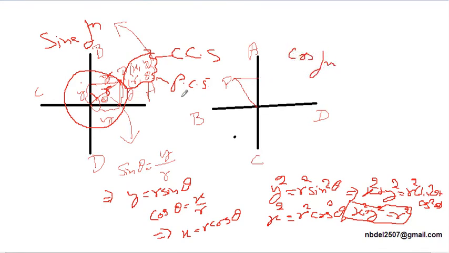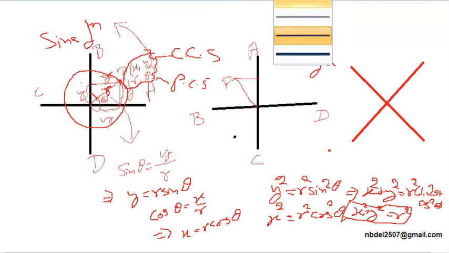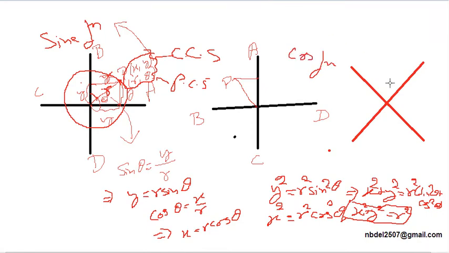If I superimpose this, we get a new coordinate system, which I can redraw. This is A and A, this is the superimposition of both.